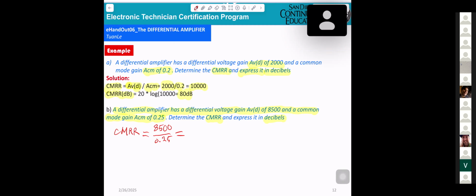I got 34,000 too. And CMRR in dB will be equal to 20 times log of 34,000, right?